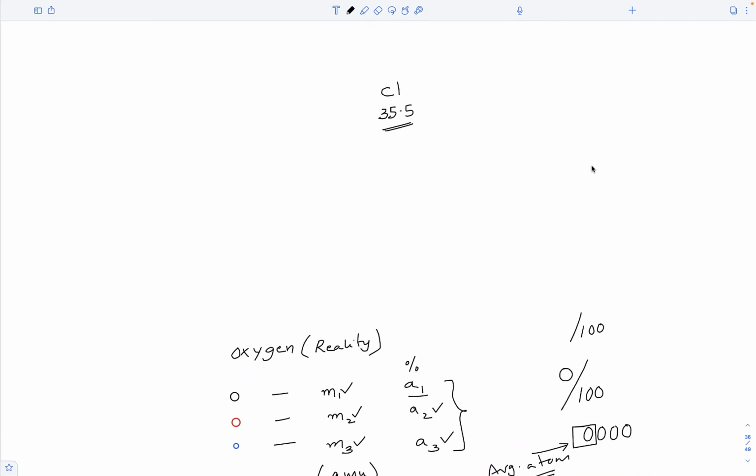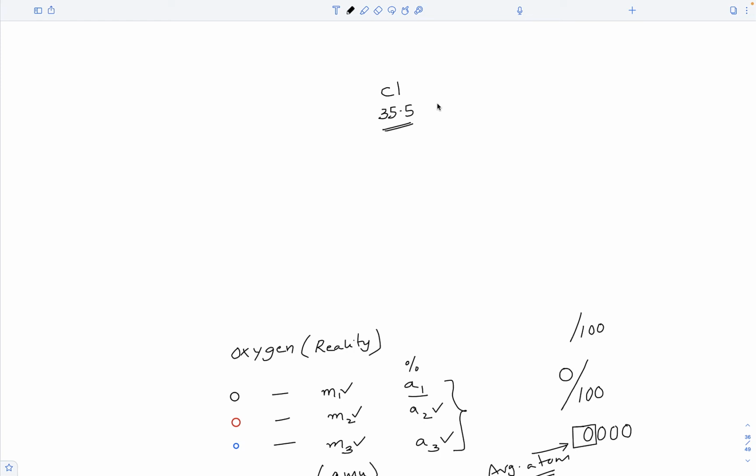Or simply put, this is the atomic weight a chlorine atom would have if all the chlorine atoms in this world are identical. It is the atomic weight of an imaginary chlorine atom.